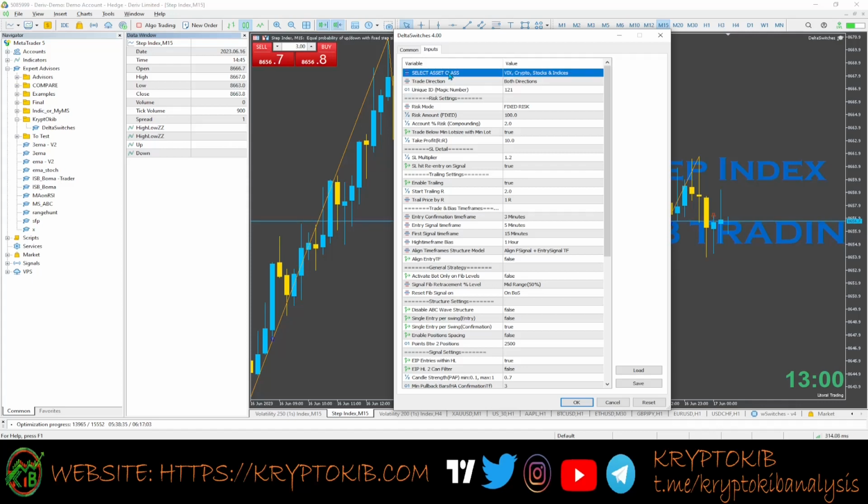So asset class means if you want to trade VIX, which is synthetic indices, or cryptos, stocks, or stock indices like US30, Nasdaq, S&P, etc., then you have to make sure this is selected. But if you want to trade currencies, forex, you have to select FX.